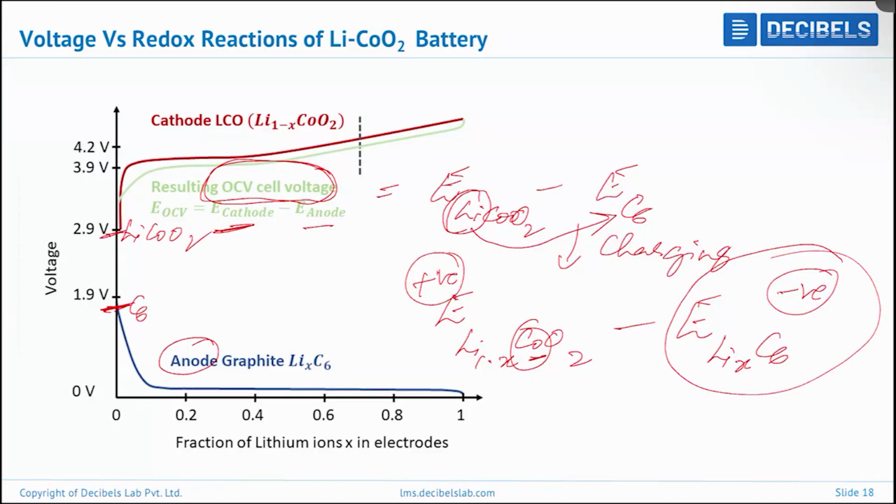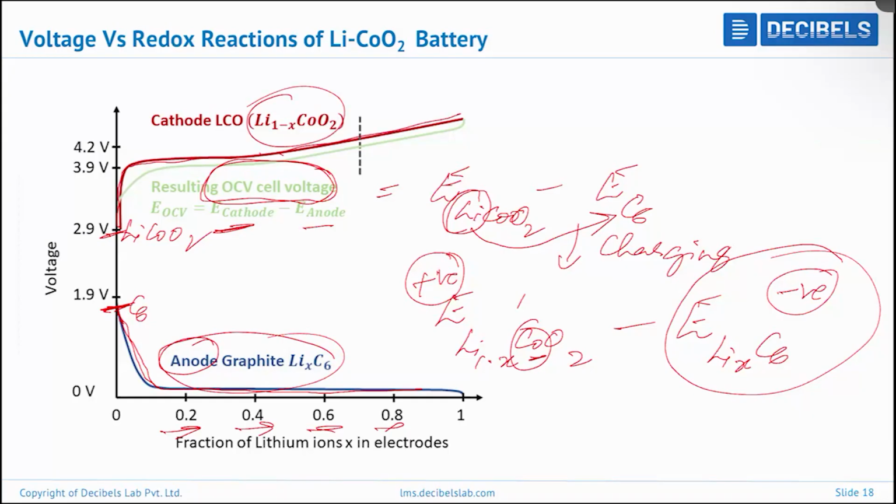Upon removing x lithium, upon pushing lithium from lithium cobalt oxide to graphite, we are moving from 0.2 moles to 0.4, 0.6, and 0.8. You can see that because of the increasing negative charge, the potential is becoming more negative for the graphite, and for the cathode, it is becoming positive, the potential increases.